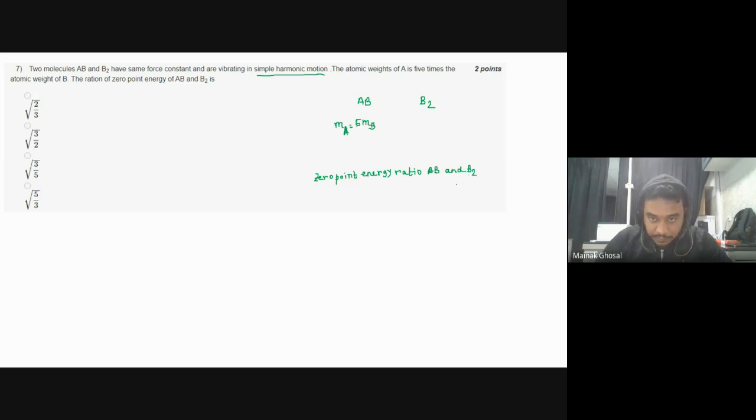Suppose I am writing the zero point energy as nu 0 bar for AB, and nu 0 bar B2 for the zero point energy of B2. I can define it. What is the value of zero point energy of any system?